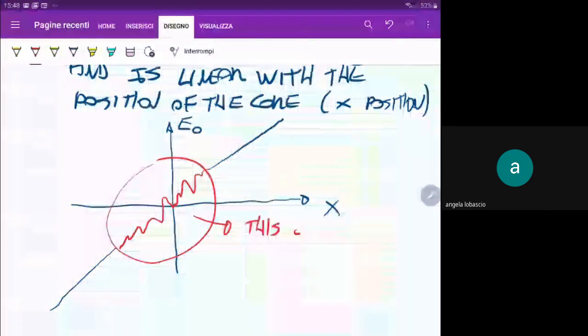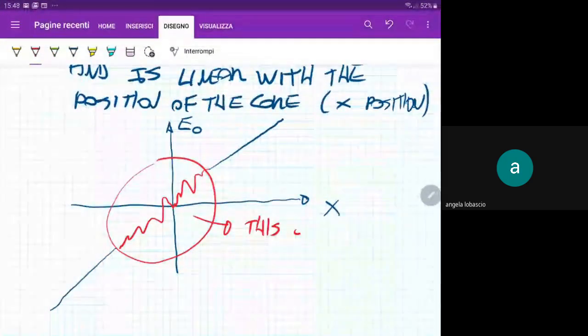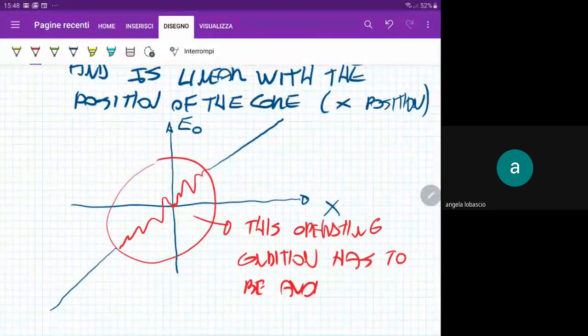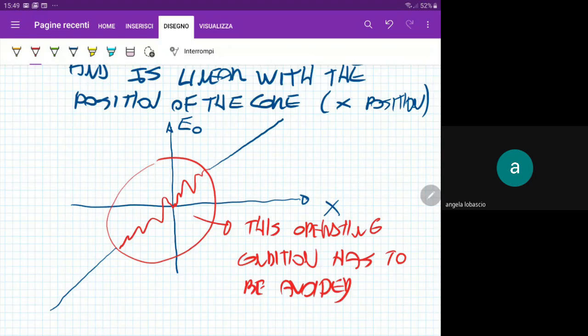This operating condition has to be avoided from the linear behavior point of view.